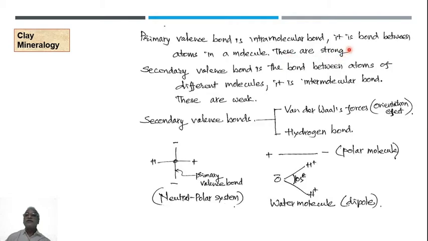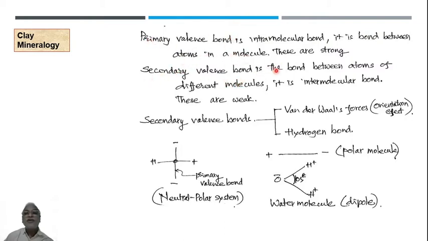These are strong bonds, primary bonds. Suppose you have H2O, right? The bonding between H and O, it is an ionic bond, you might have studied earlier. It's a very strong bond. So it is the bonding between the atoms in a molecule, primary valence bond.